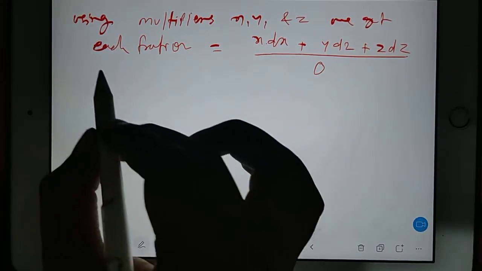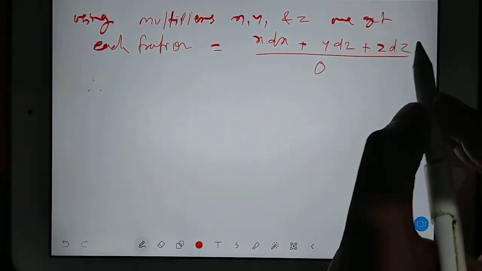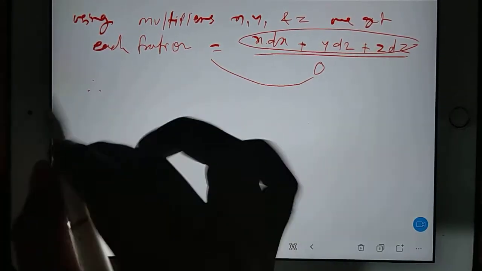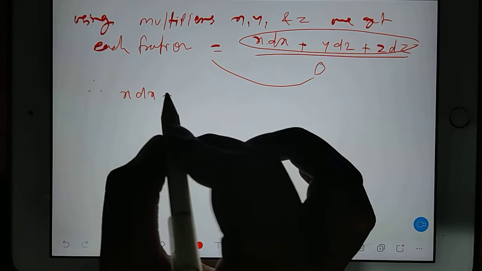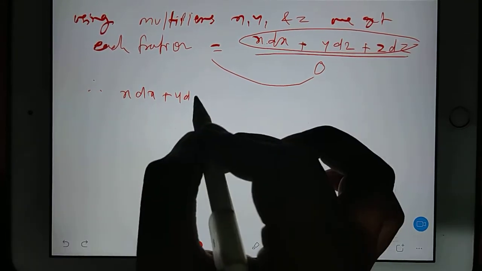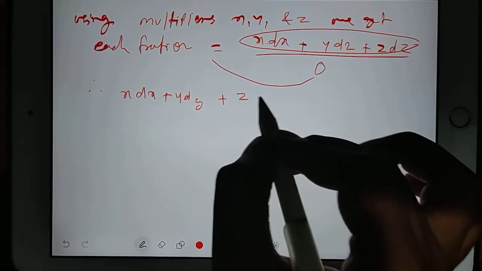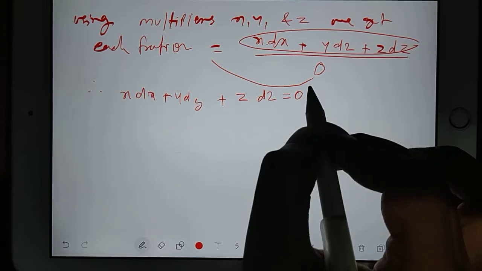So we can write this total portion, 0 you multiply this side, it will be 0: x dx plus y dy plus z dz is equal to 0.